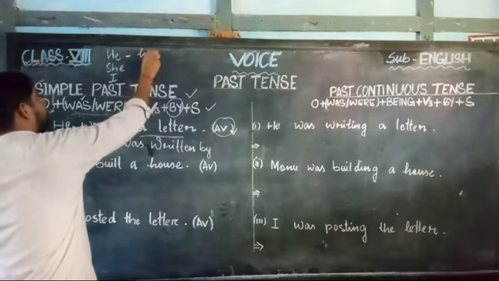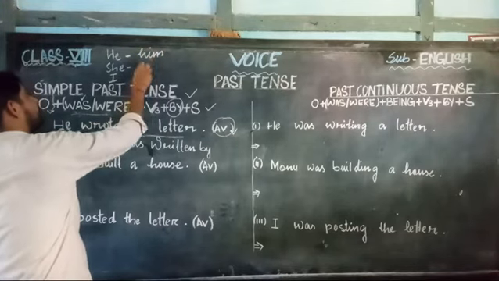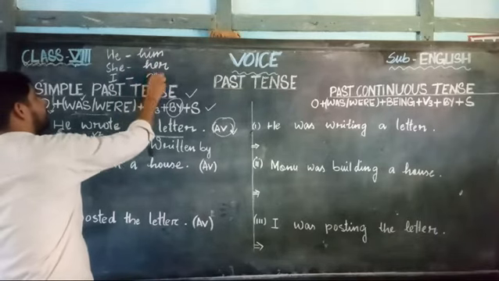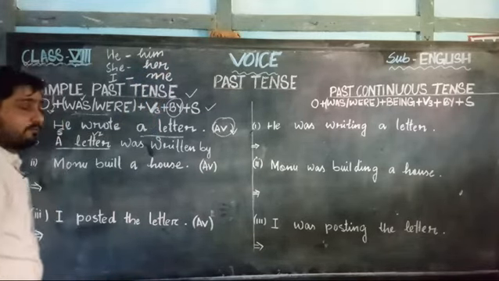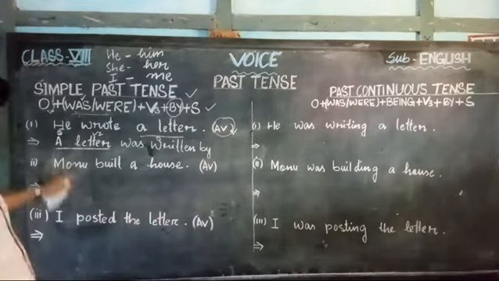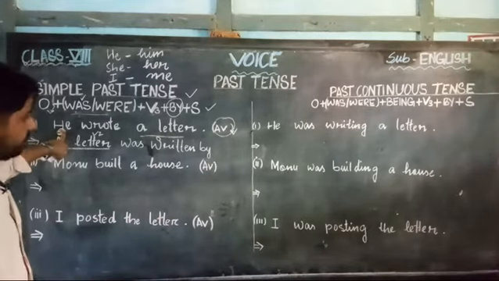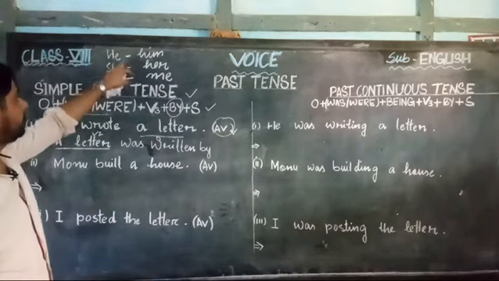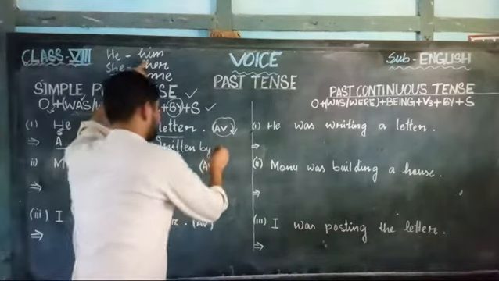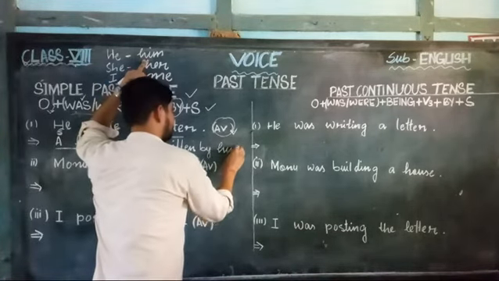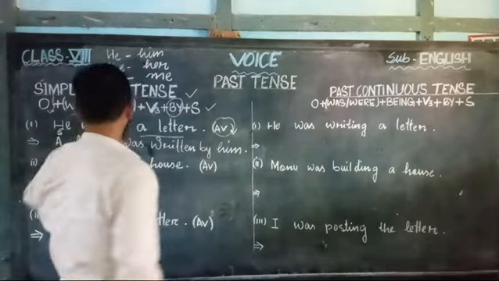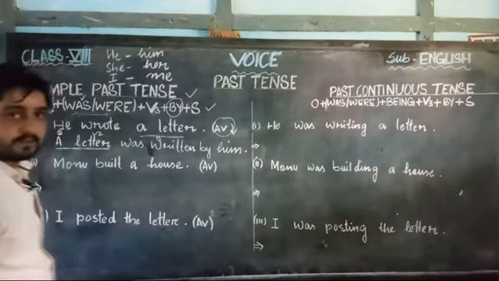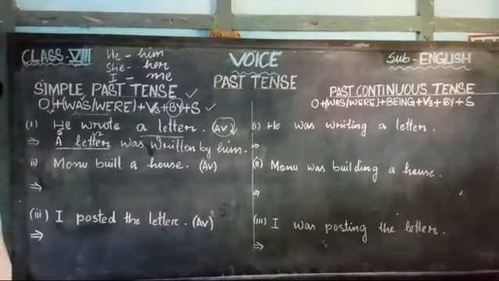He will change to him, she will change to her, I will change to me. Remember, I told you. So we have the subject he, and this he will change to him. By him. A letter was written by him. Clear? I hope you have understood.